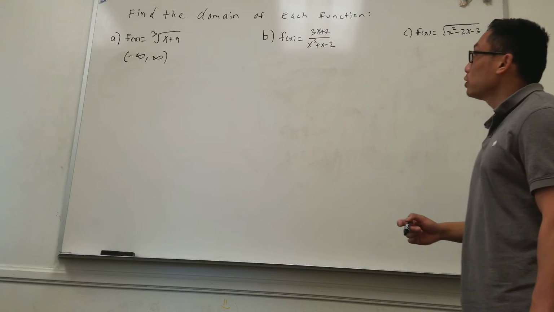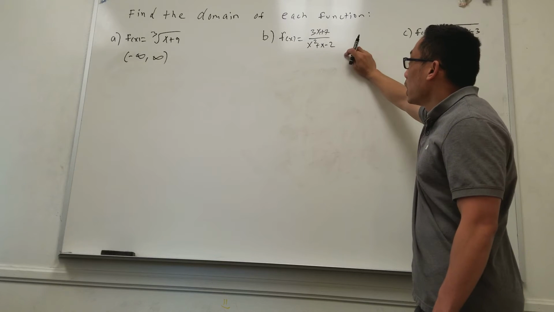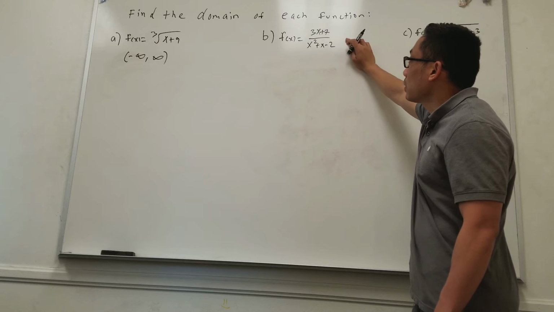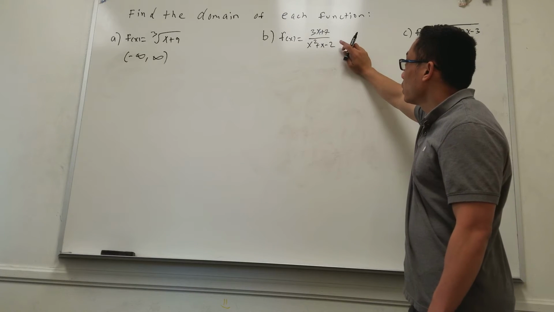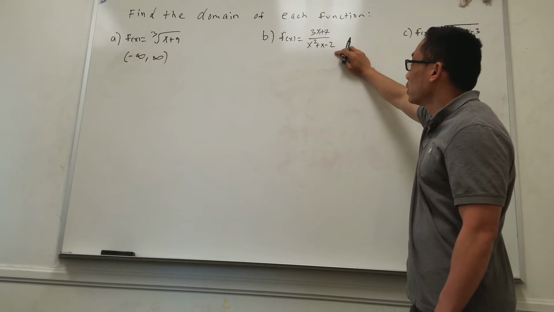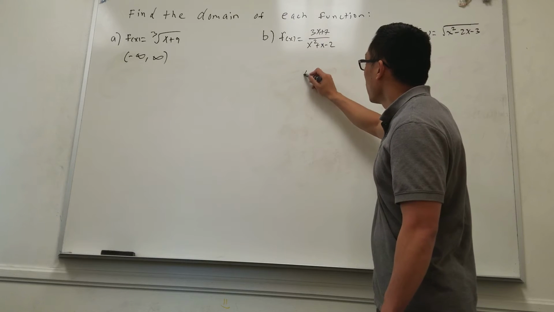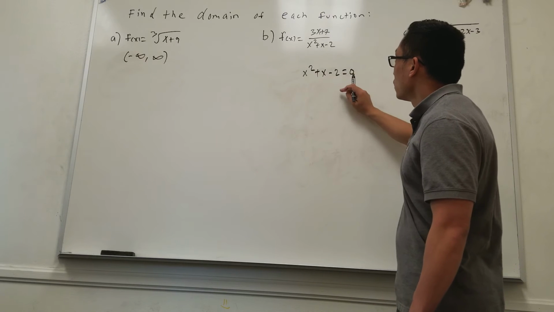So the first thing they teach you in algebra when you're finding the domain is that x cannot be 0 on the bottom, right? So the top can be 0 but not the bottom. So all we've got to do is find the zeros here. So what we need to do is what? We've got to factor this. So this is going to be x squared plus x minus 2 equals 0.